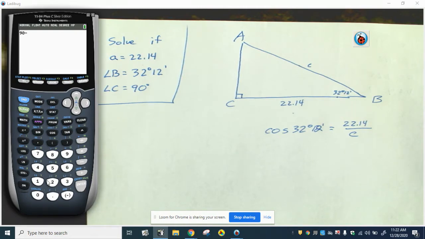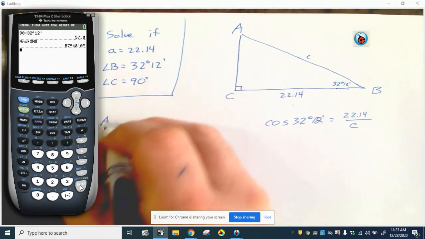You could just do 90 minus, and then you would type in 32, go to your angle measurement, get your degree, 12 minutes. Make sure you put your minutes symbol in there. It can handle this subtraction, but it puts it as a decimal. So then you have to go back to your angle menu and do that as degree, minute, seconds. And then there's your other answer.